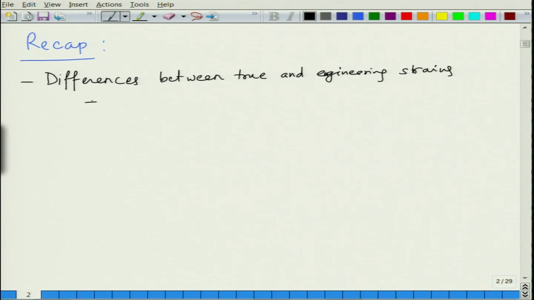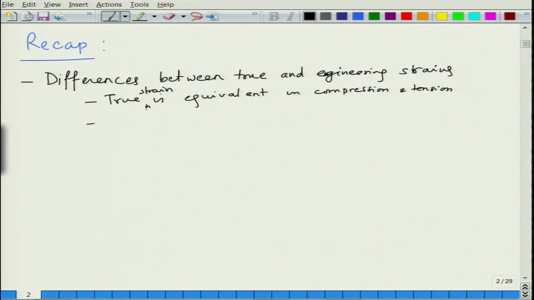The first thing that we saw is that true strain is equivalent in compression and tension, whereas engineering strain is not.